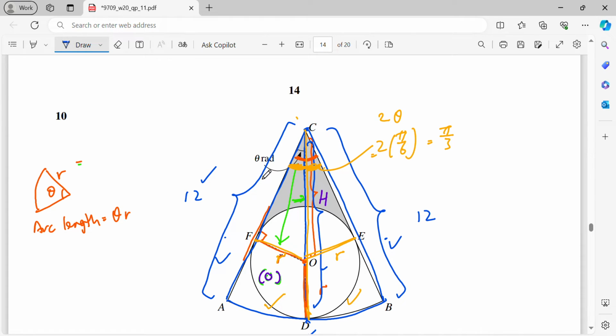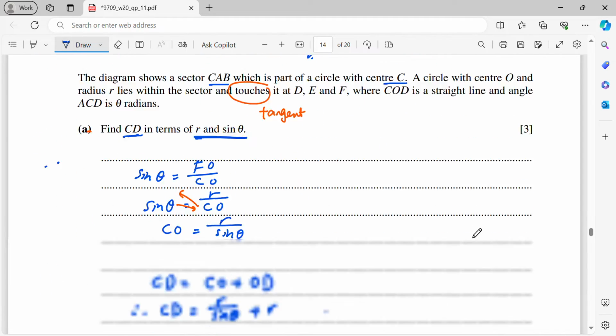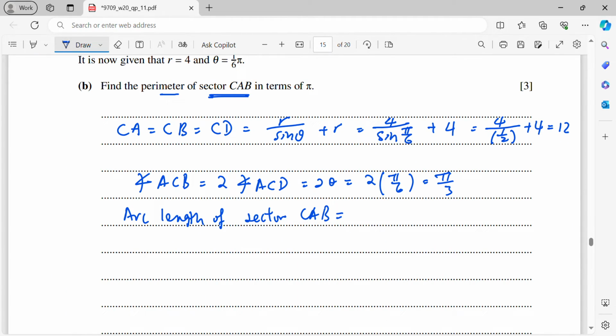Okay, CA times the angle. So which means this is CA times angle ACB. That means it's going to be 12 times pi over 3. Then I will get 4 pi.